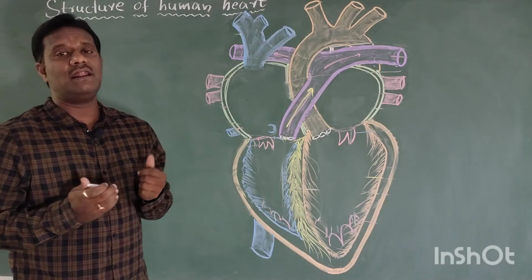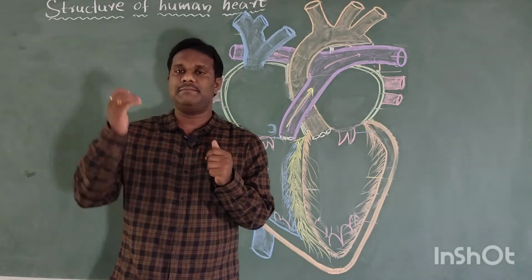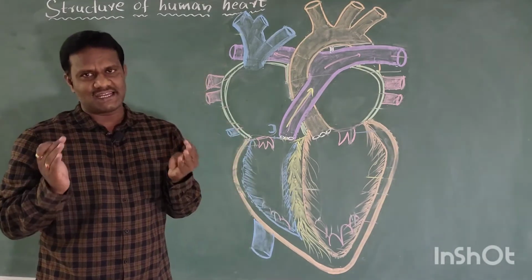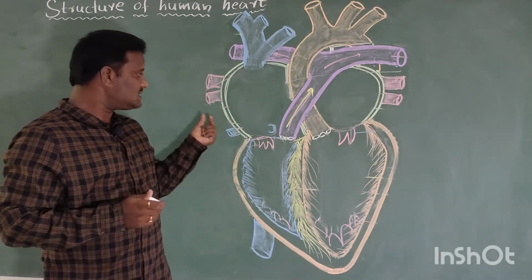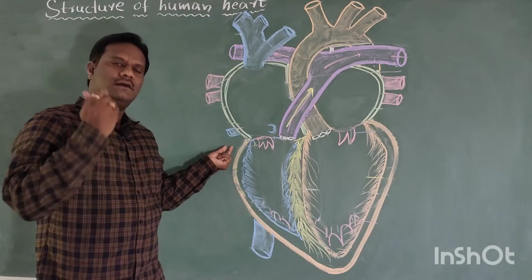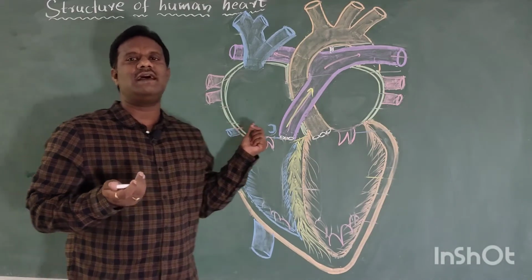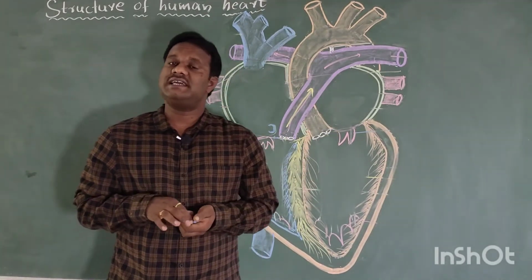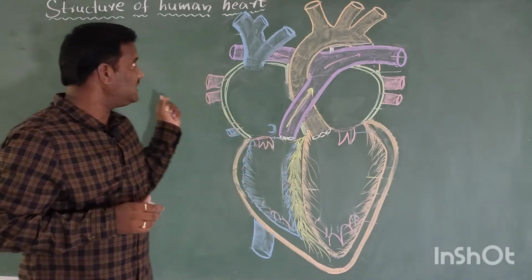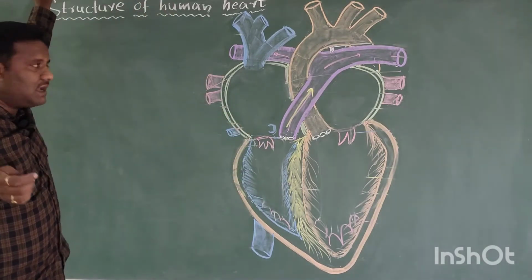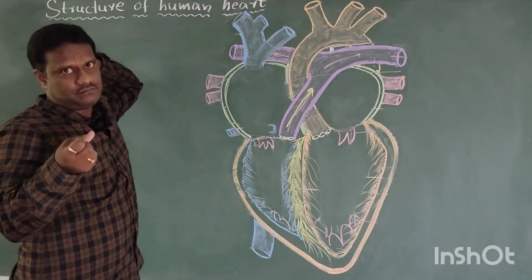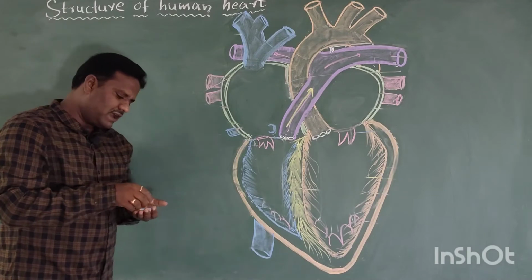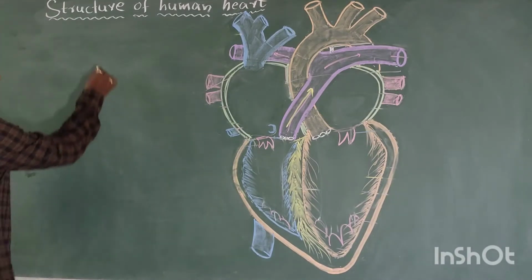Since the blood flows within blood vessels, it is called a closed type circulatory system. This variable pump, the heart, works with the help of myogenes, so it is called a myogenic heart. Because the heart is continuously working, it is called a pulsating heart. So we are discussing the structure of the heart.